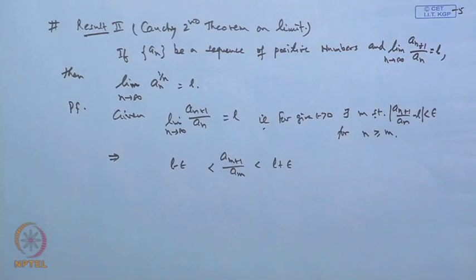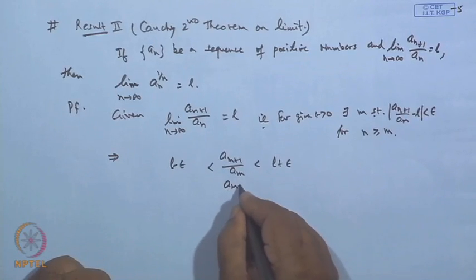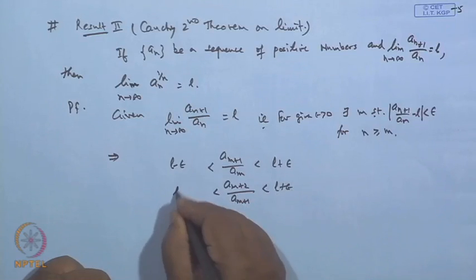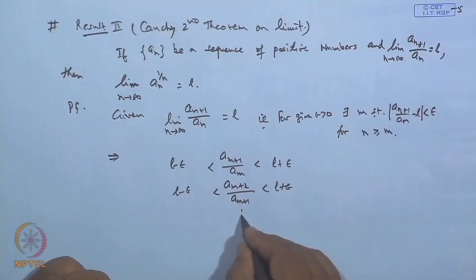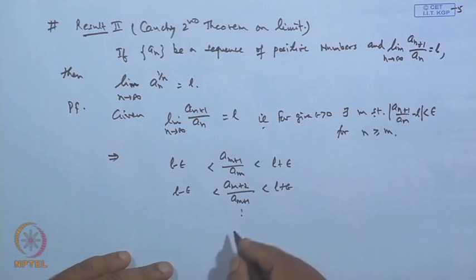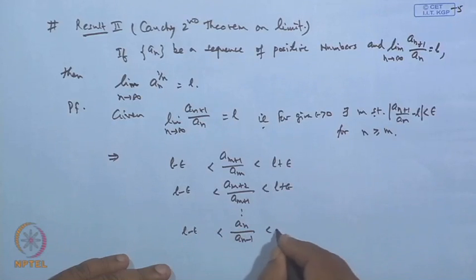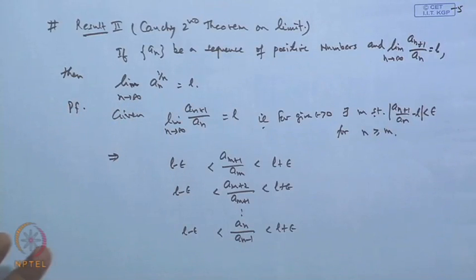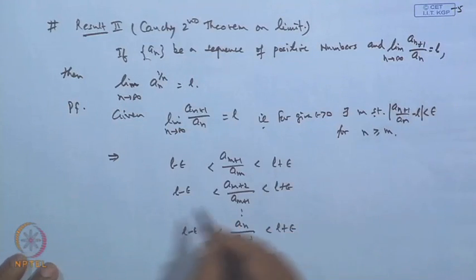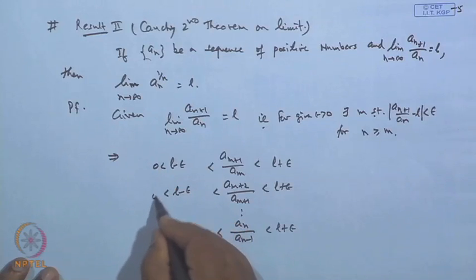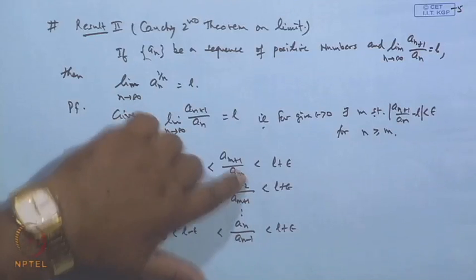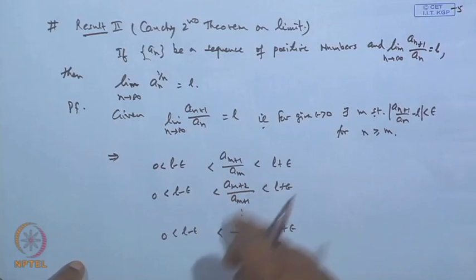Now, if we continue this, a m plus 2 by a m plus 1 lies between L minus epsilon and L plus epsilon, and like this up to the nth term, a n over a n minus 1, lies between L minus epsilon and L plus epsilon. Just continue. Now, find the product, because these are all positive quantities, remember, because a n is a sequence of positive numbers.